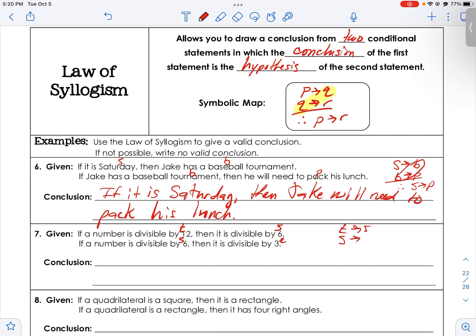So if 12, then 6. If 6, then 3. I got a link. So therefore, if 12, then 3. So if a number is divisible by 12, then it is divisible by 3.